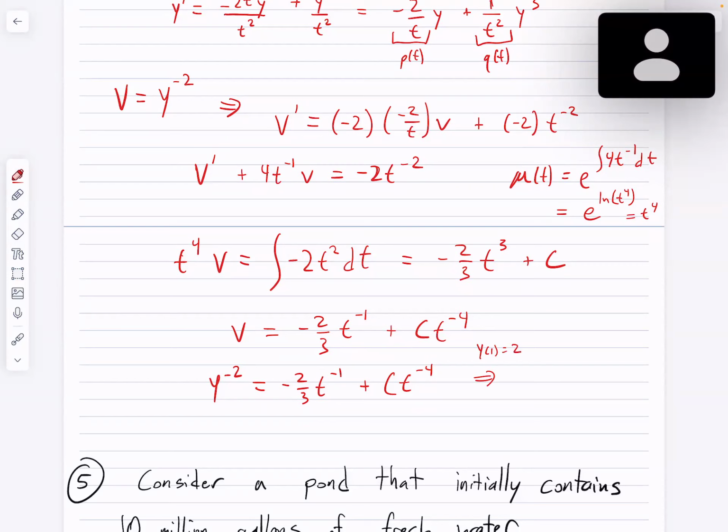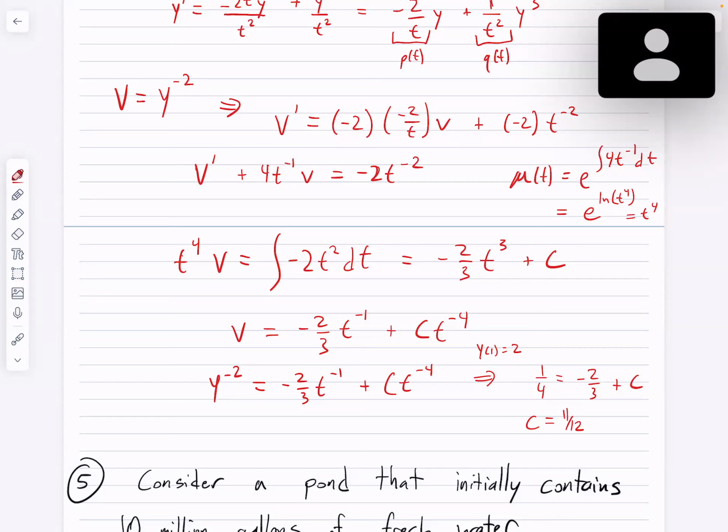So plugging in 2 for y, I get 1 over 4 equals negative 2/3 plus c. So it looks like c is going to be 1/4 plus 2/3, which is, what is that? 3/12 plus 8/12, 11/12. So c equals 11/12.